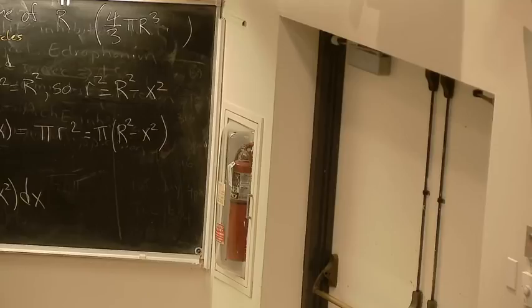Which ends up being, see, we got a pi R cubed plus another pi R cubed is 2 pi R cubed, then a minus R cubed over 3 minus another. Actually, that's minus 2 pi R cubed over 3.